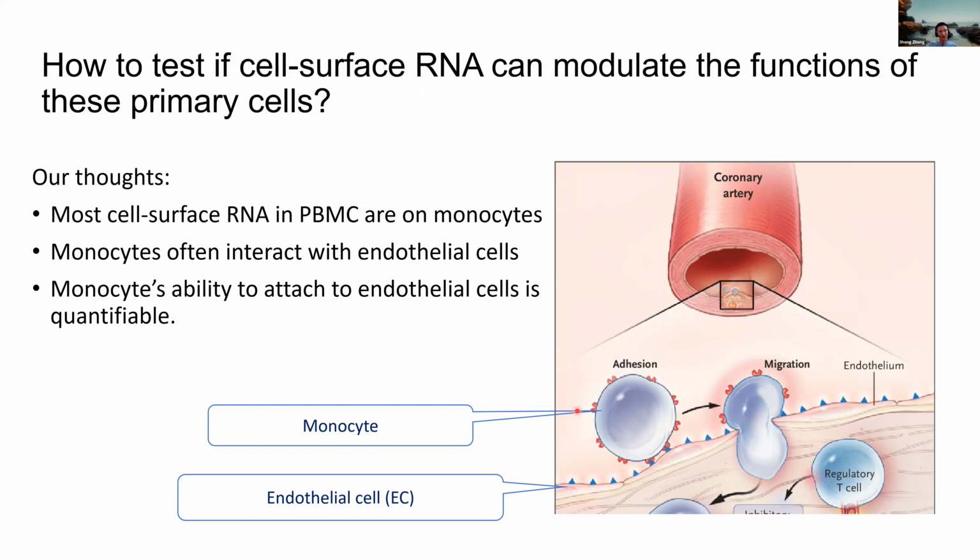This attachment is a quite well worked out, quantifiable assay between monocytes and endothelial cells. It is widely used as a way to interrogate cell-cell interactions, and the monocyte-endothelial attachment assay is standard in research of endothelial cell and monocyte functions. We wanted to leverage the quantifiability of the attachment levels.